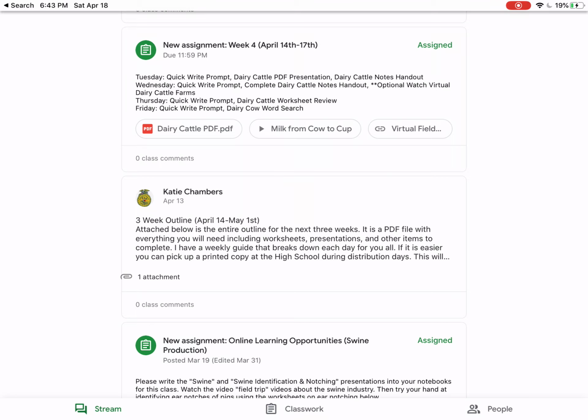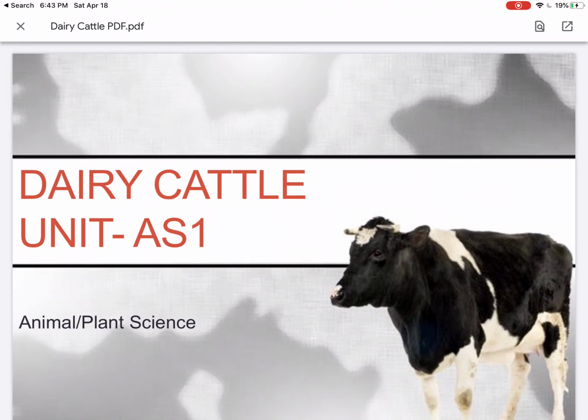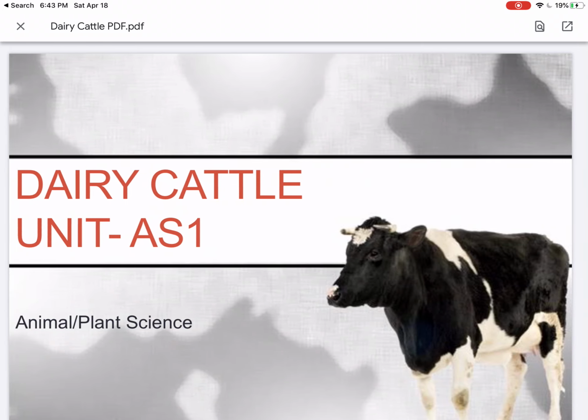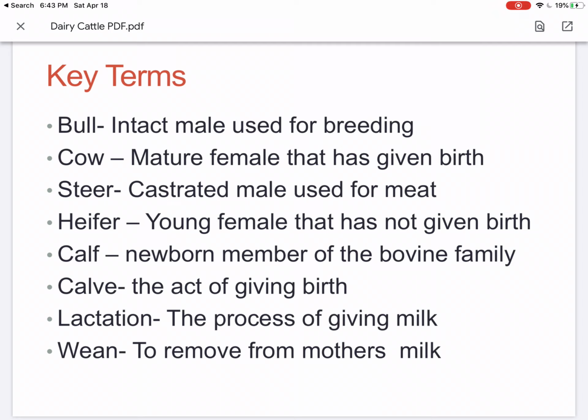Let's see. So she has a dairy cattle unit. It says key terms. So it gives you the definitions, the key terms, and then in your packet it also says key terms and definitions.